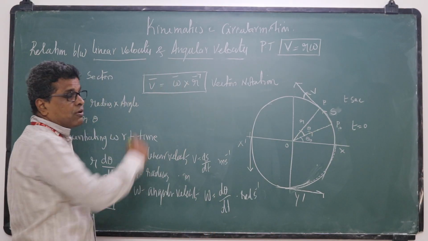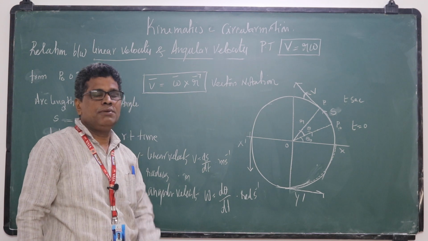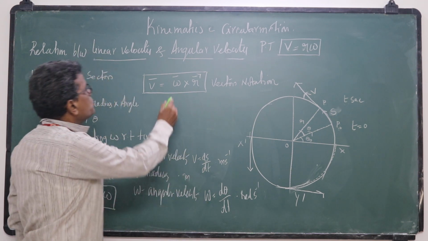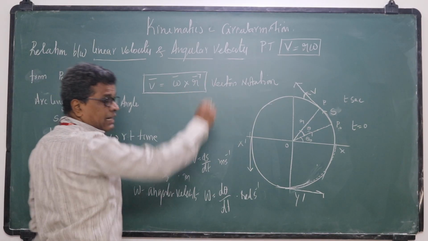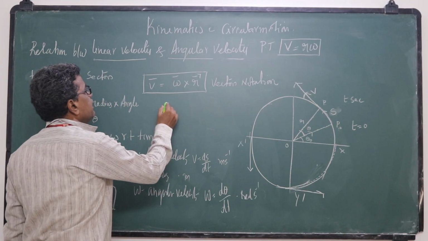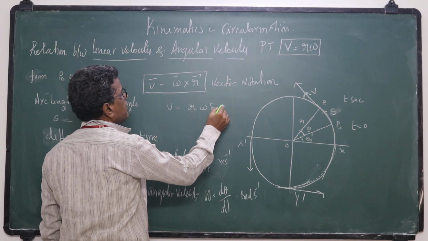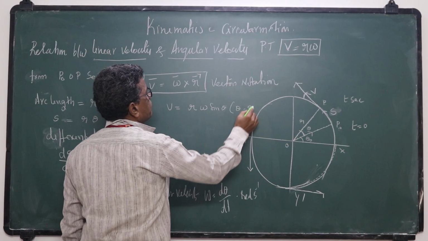For the cross product, p bar cross q bar is pq sine theta. So we write omega r sine 90, where theta is the angle between omega and r. Sine 90 becomes 1, so we get v is equal to r omega.